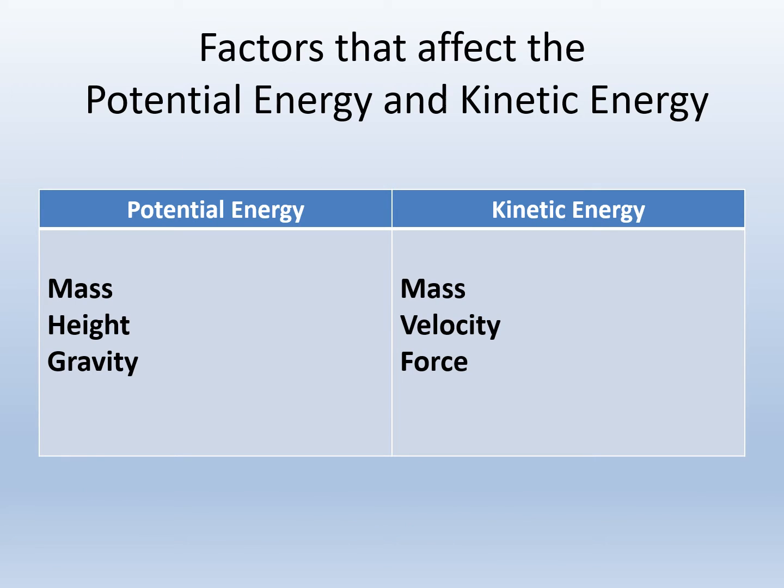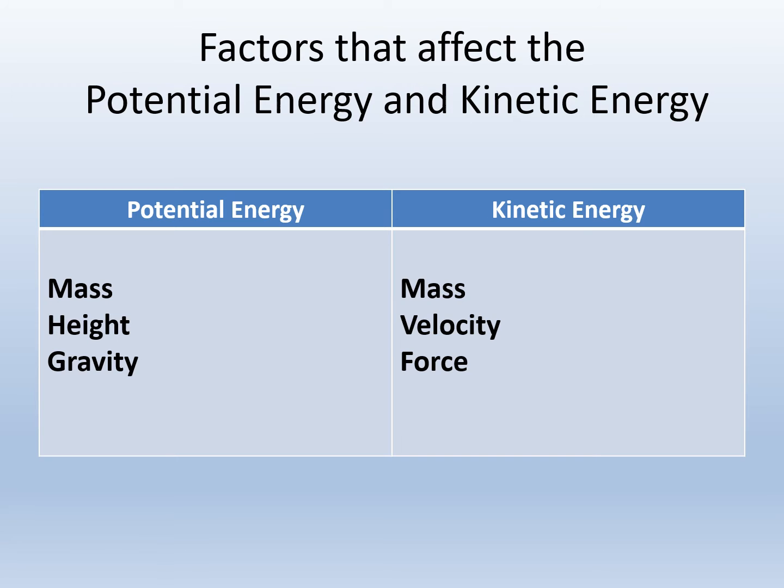So in learning potential and kinetic energy, we have to consider the following factors that affect them. And so for the potential energy, we have the mass, height, and gravity. Let me explain why mass is a factor that can affect the potential energy, because the higher the mass, of course, it has higher potential energy.